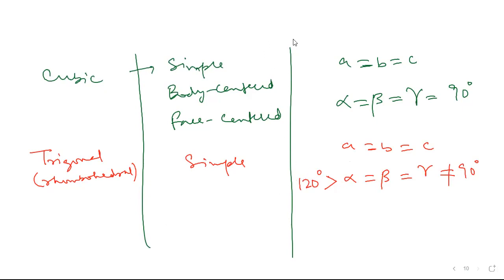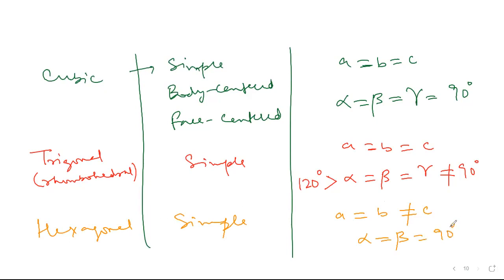Then there is the last one. This is hexagonal. Only one possibility, simple. And we have unit cell characteristics a equal to b, not equal to c, alpha and beta equal and equal to 90 degrees, gamma is 120 degrees.